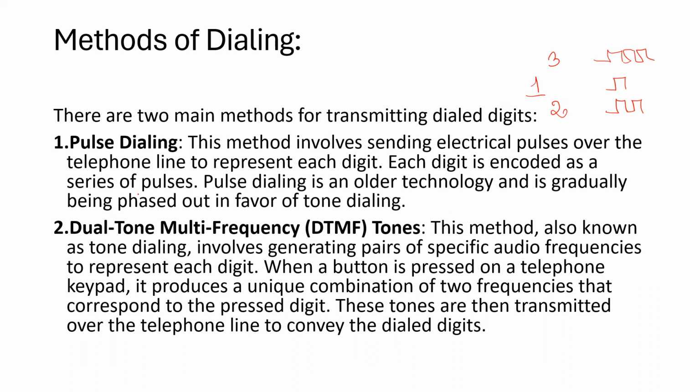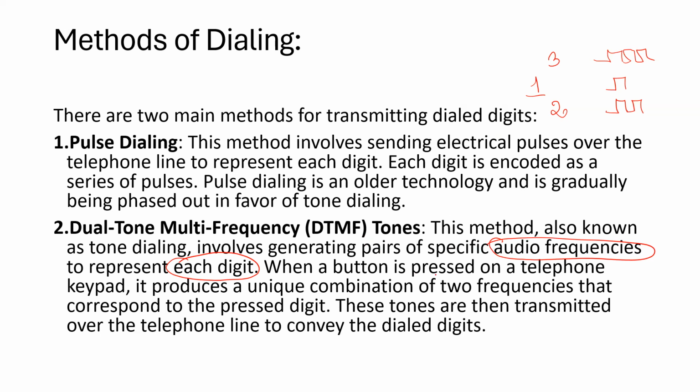Pulse dialing is an older technology and is gradually being phased out in favor of tone dialing. Now, what is dual tone multi-frequency dialing? This method, also known as tone dialing, involves generating pairs of specific audio frequencies to represent each digit. So for the representation of each digit, we are using a pair of audio frequencies, and their frequencies will be different.